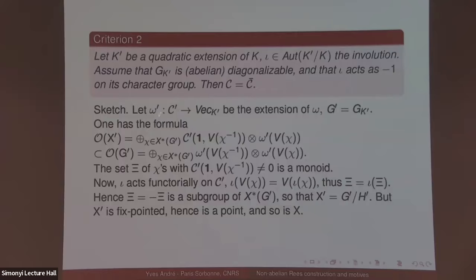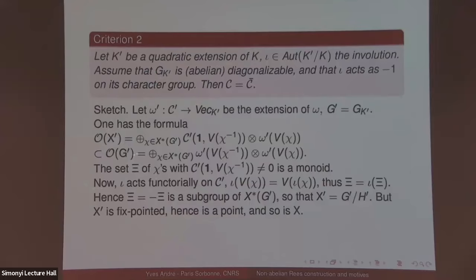So let's extend also the fiber functor to this quadratic extension. Then this C' has the same property as C, so one can perform the Rees oscillator construction. Let's give ourselves a quasi-homogeneous variety X' under G', denoted G' in G_K'.